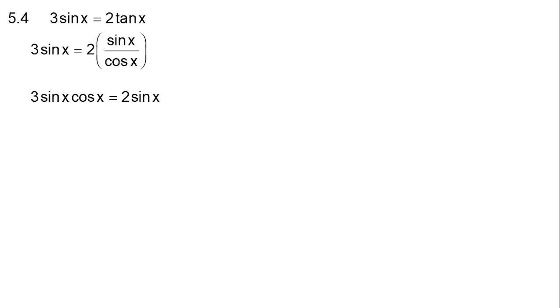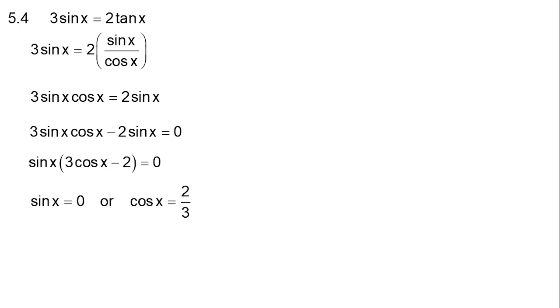And if we divide by 0, you know that you have an undefined solution. So what you need to do is to transpose what is on the right hand side to the left hand side and take out the common factor. You end up with sine x times 3 cos x minus 2.